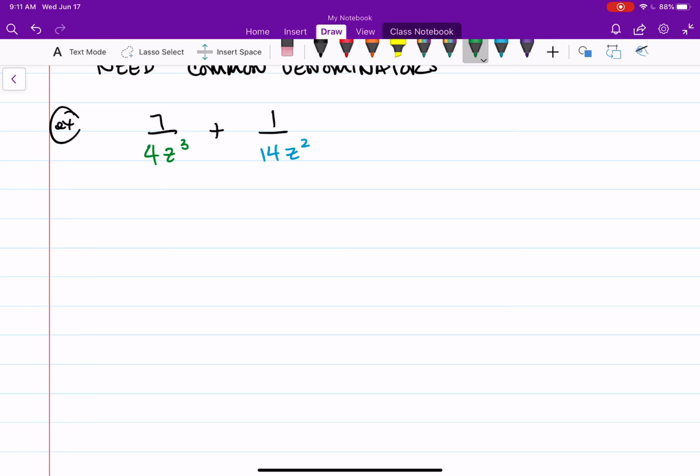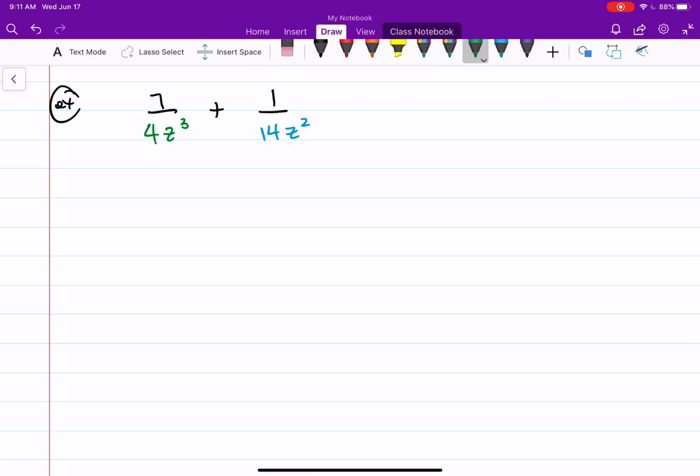If I broke down the 4z cubed, I have a 2 times 2, a z times z times z. And if I broke down the 14, I'm going to have a 2 times 7 with a z times z. So I look at the two bags: what do they have that I don't have? They have a 7 that I don't have, and that's about it.